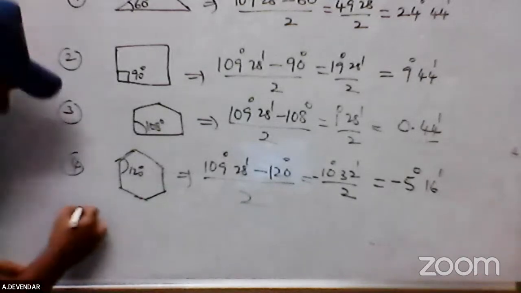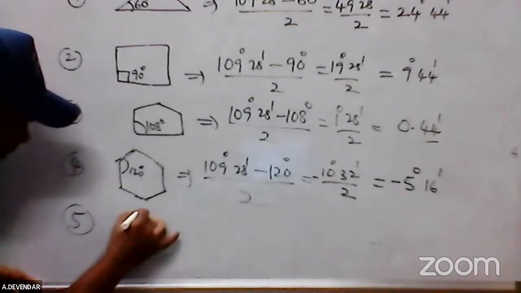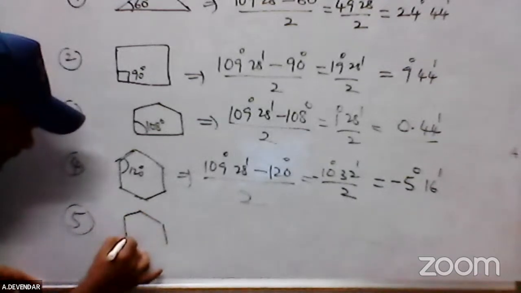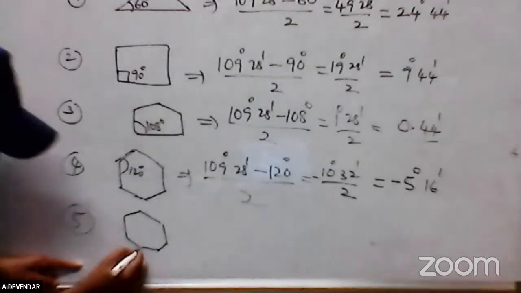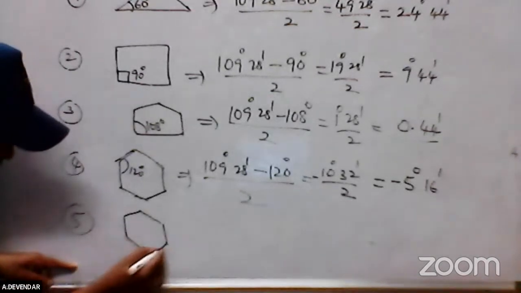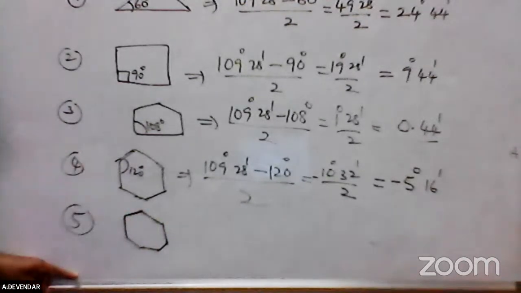Coming to cycloheptane. See friend, this is cycloheptane. I am using 7 bonds: 1, 2, 3, 4, 5, 6, 7.